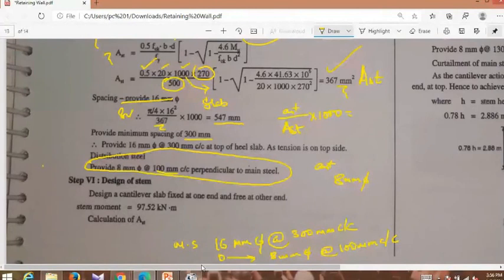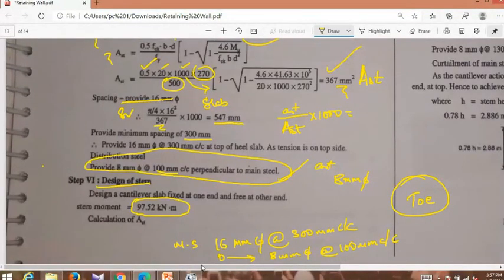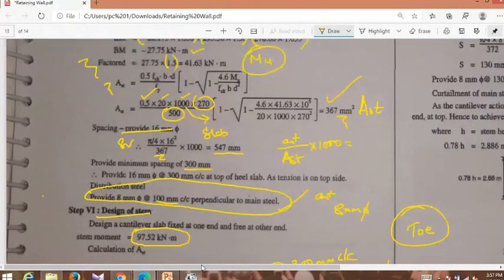Similarly, for the toe slab also, this procedure is the same. The same procedure will be carried on. Then design of stem. Here we have already determined this moment, that is 97.52. Once more I will show you.